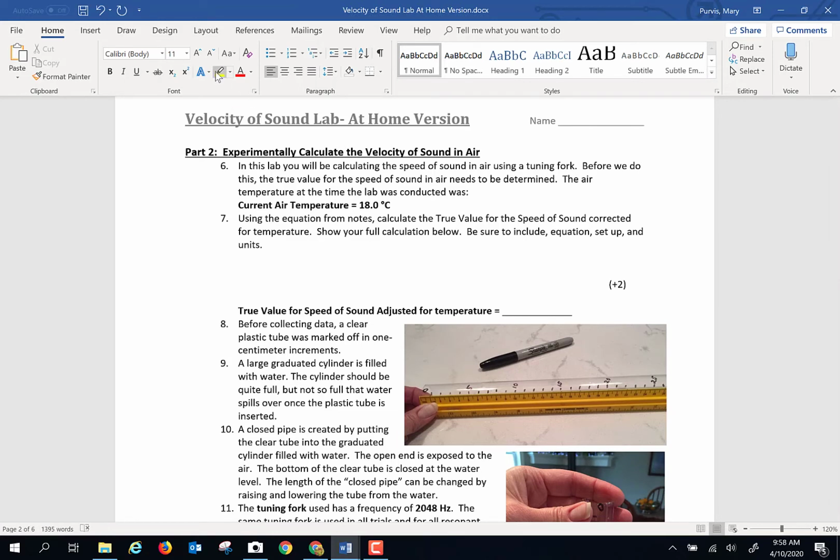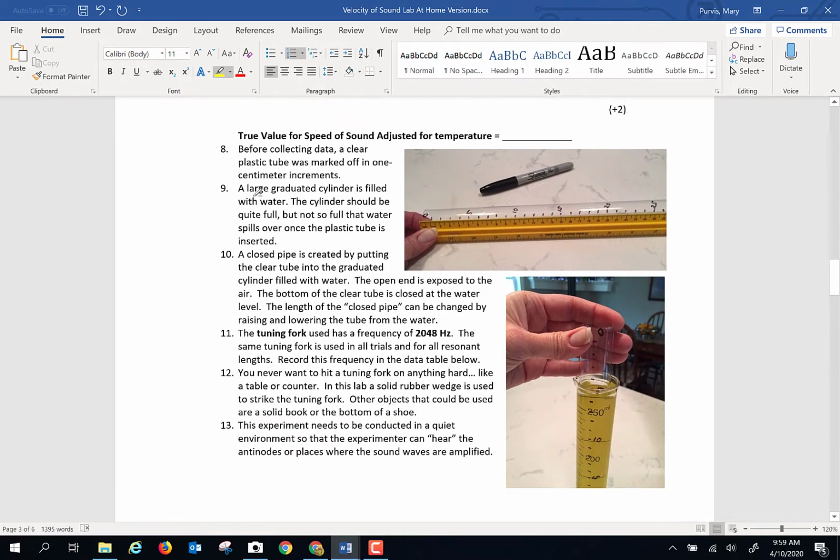So please use the air temperature, because I did this lab on my kitchen table. Current air temperature, 18 degrees Celsius on the day I did it. I'm going to ask you to calculate the true value using an equation you're going to find in your notes for the corrected speed of sound, corrected for temperature. So that equation is actually in your notes.